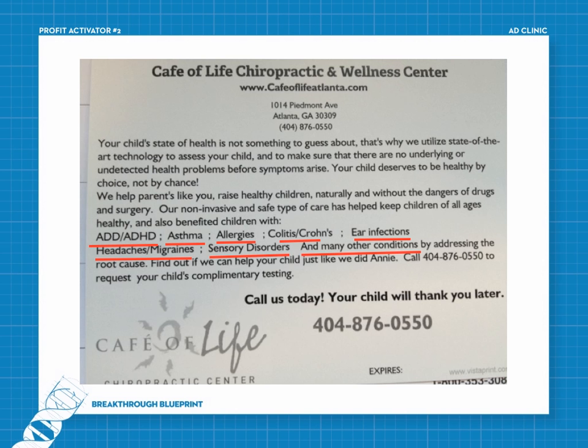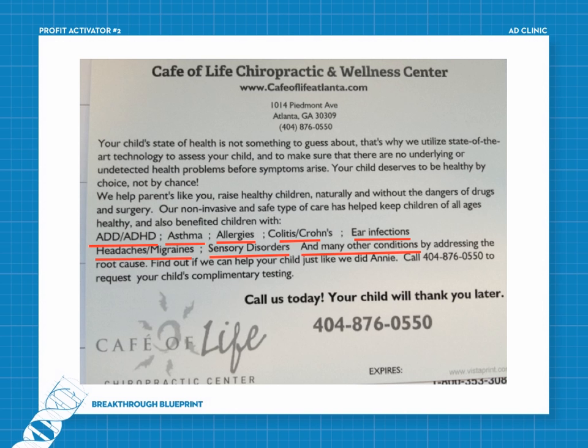It's trying to convey the message that we can help you or your child with all kinds of different things, but it does it at the expense of being crystal clear to one target audience. In our discussion, the thing they could do that would make a significant difference for someone was helping kids with ear infections.